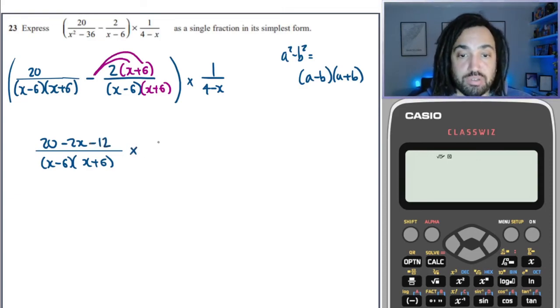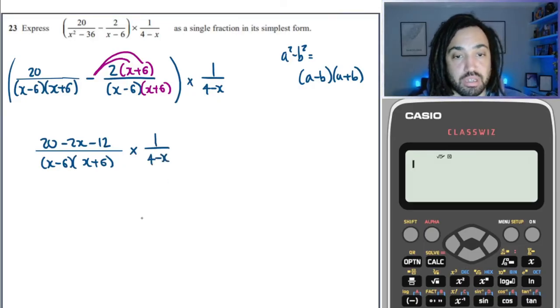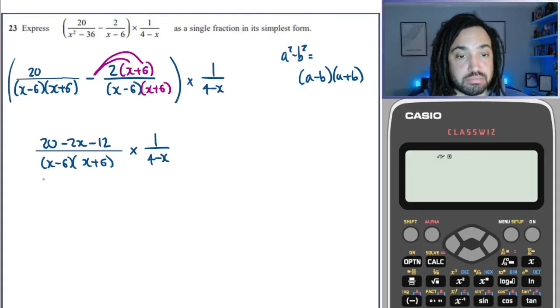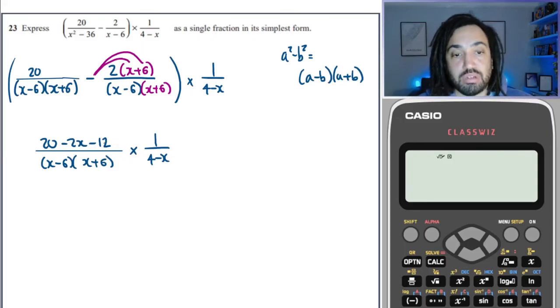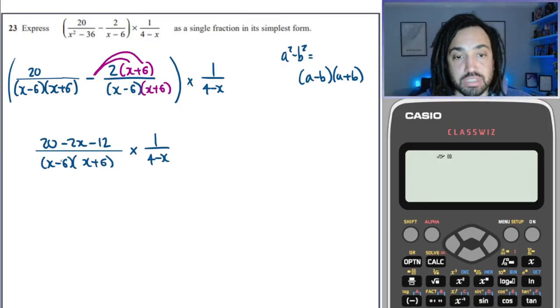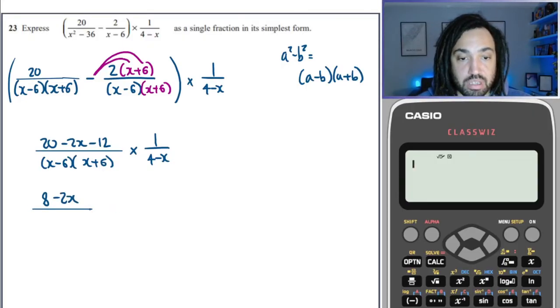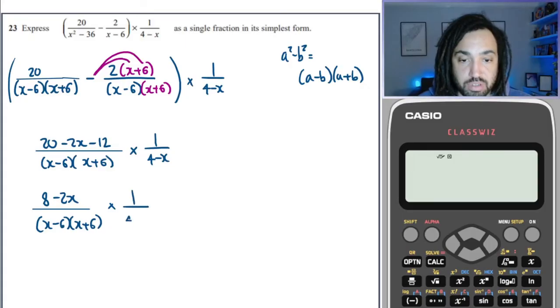And then afterwards we're going to multiply by 4 minus x. Okay, fine. Let's simplify that numerator, and that becomes 8 minus 2x over this x minus 6, x plus 6, and then we're going to multiply by 1 over 4 minus x.